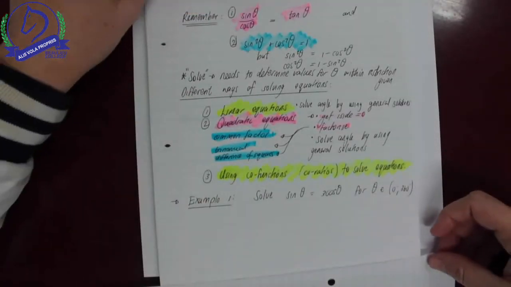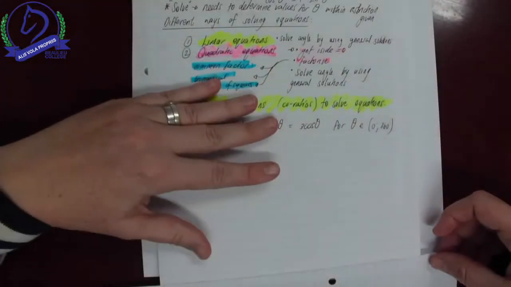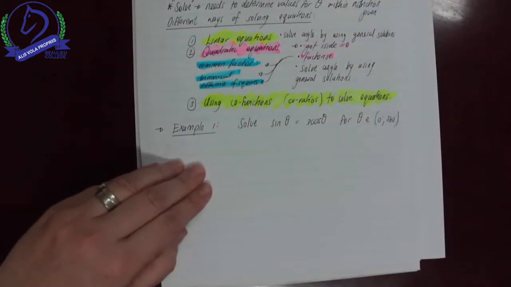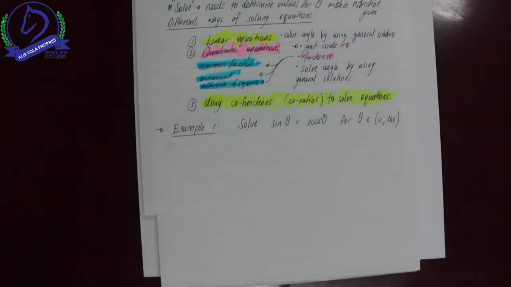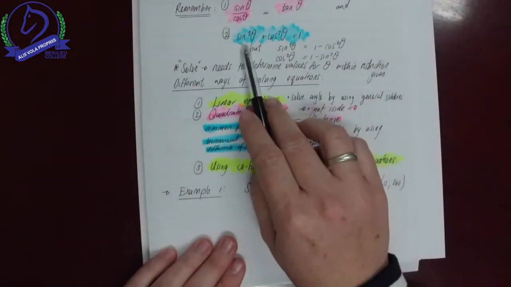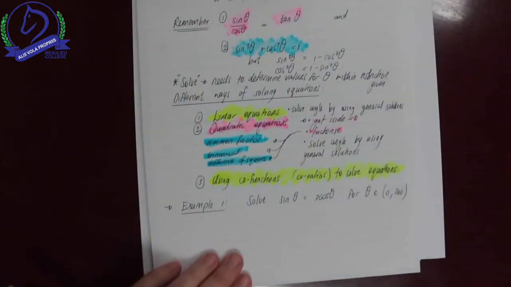Okay, so if I look at this example, the first example is an example of linear equations. I'm going to ask you, solve sine theta equals 3 cos theta, so solve for theta between 0 and 360. My problem is that I have an equation and I have two ratios in there. I've got a sine and I have a cos. Not one of them is squared, so I can't use the quadratic identity in there.